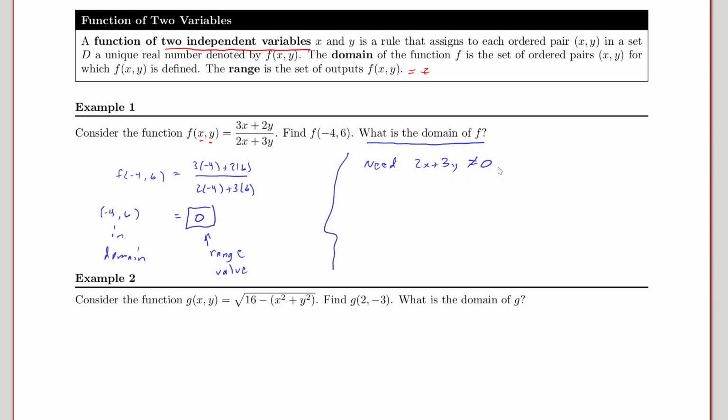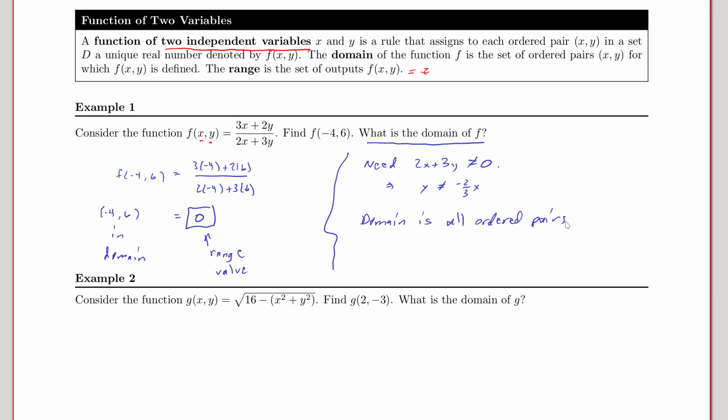What we can do is solve for y here. So we want all the points not on the line that I'm going to obtain here, which will be y equals negative 2/3 x, if I bring the 2x over and divide by 3. So the domain is all ordered pairs.